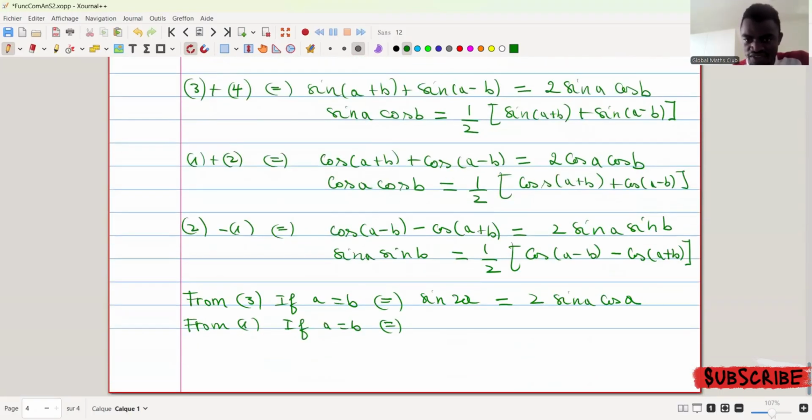So you are going to have cosine 2A equal to cos square A minus sine square A. I can call this one 6.